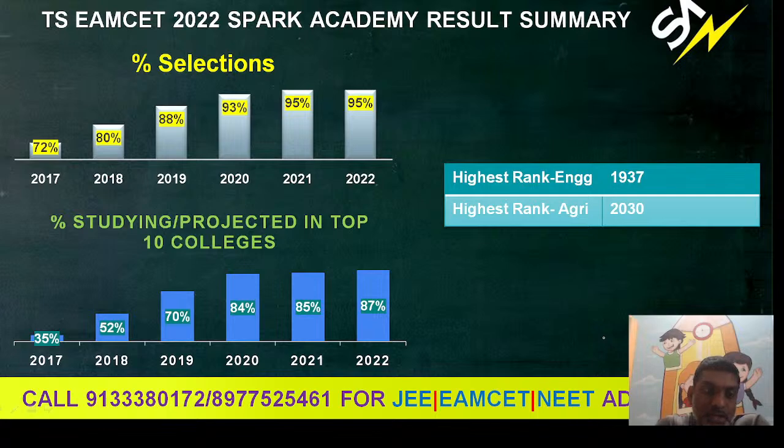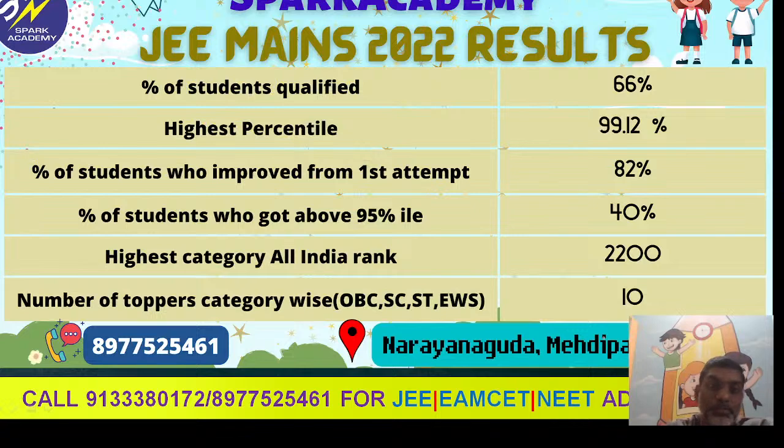Next, percentage of students studying in top 10 colleges. In 2017 35%, in 2018 52% of the students, in 2019 70, and in 2020 84, in 2021 85, in 2022 87% of the students are studying in top 10 colleges. And in 2022 the highest rank in engineering is 1937, and the highest rank in agriculture is 2020.